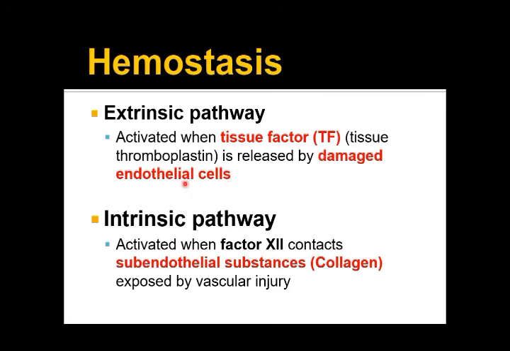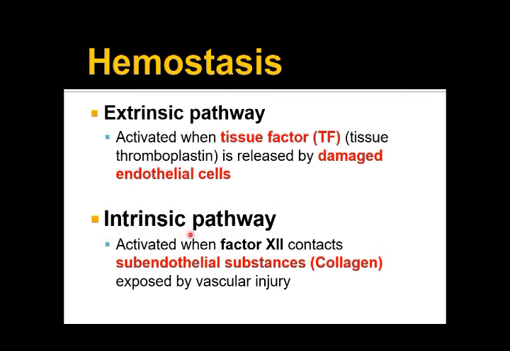If we've got endothelial cells that are damaged, they're not dead, but they're hurt, they will release what's called tissue factor. And then tissue factor will activate clotting proteins that are already found circulating in the bloodstream.